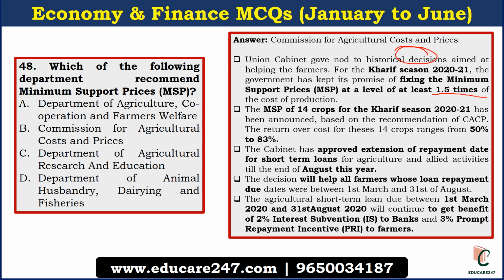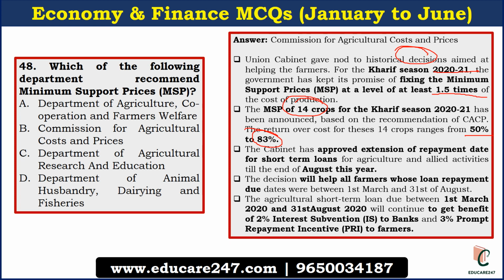It will be implemented from the Kharif season of 2020-21. So basically the MSP of 14 crops in this season will be fixed according to this recommendation provided by the Commission for Agricultural Costs and Prices. In this case the minimum will be fixed at 50% and the maximum will be 30% above the cost of production. So this is a very important step.